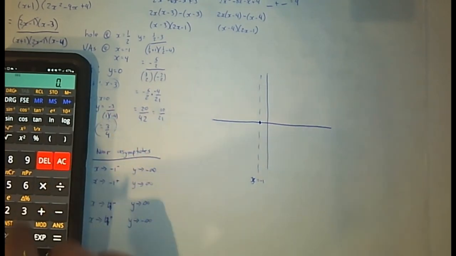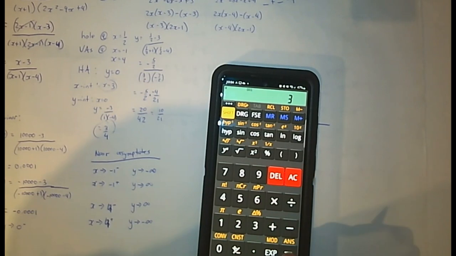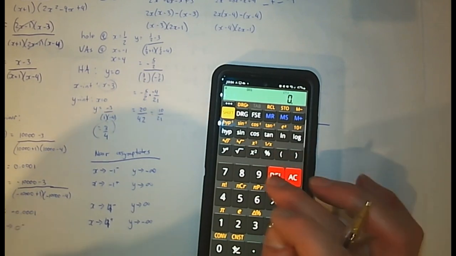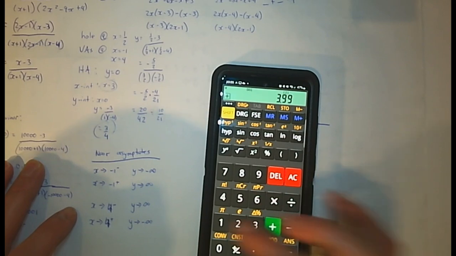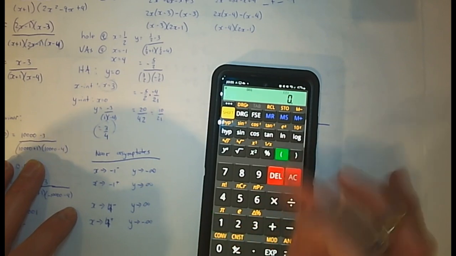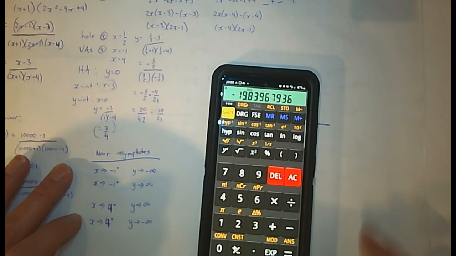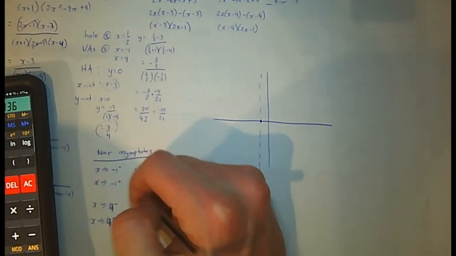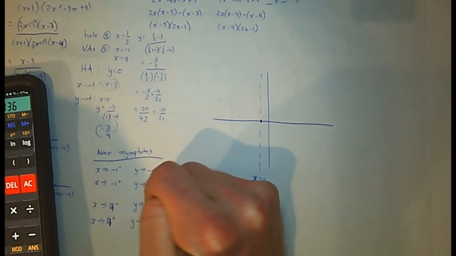So we're going to use 3.99, right? Minus 3 is that, divided by, in our denominator, 3.99 plus 1 times 3.99 minus 4, which is negative 19. So this is 3.99, so this one is negative infinity.